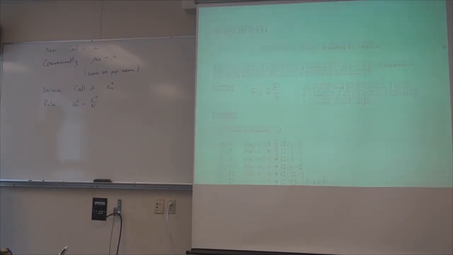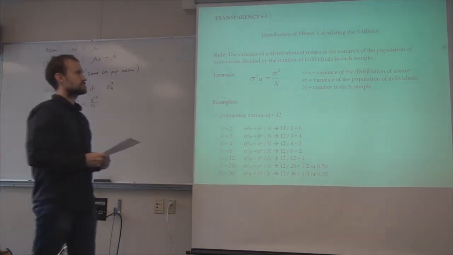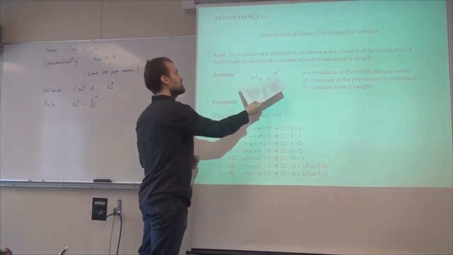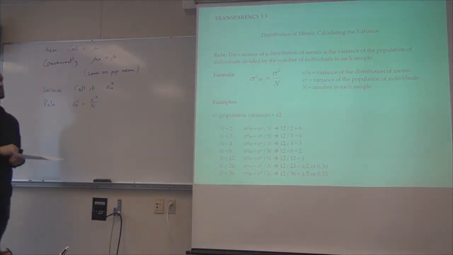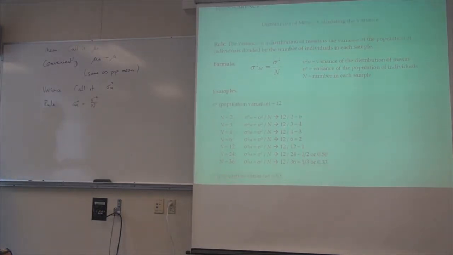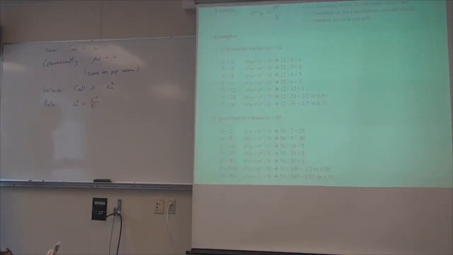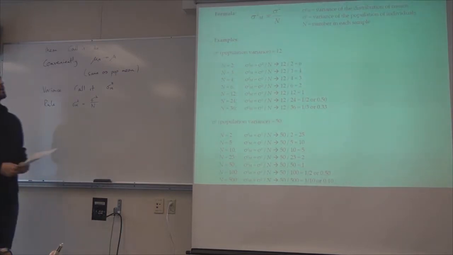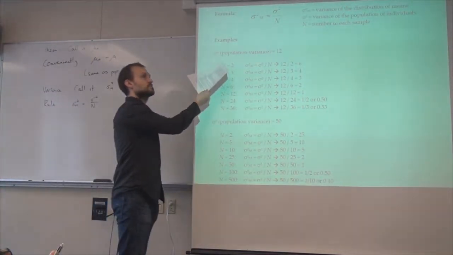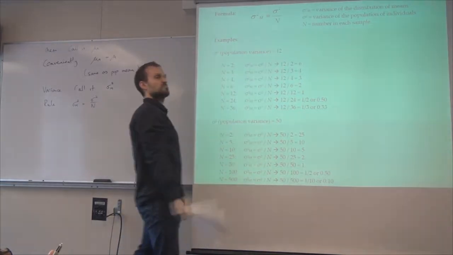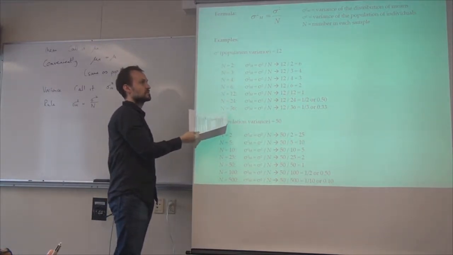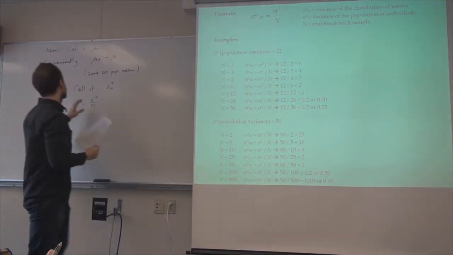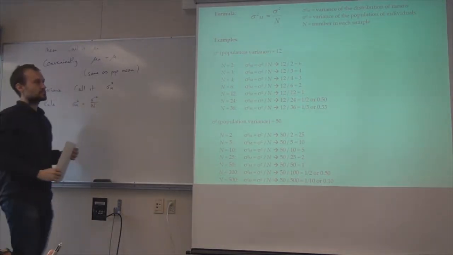So 5.3. If I have to calculate the variance, I take the population variance and divide it by the sample size, the number in each sample. For example, let me leave the formula up there. If my population variance is, let's say, 12, just picking nice numbers, then depending on the sample size, the variance for the distribution of means will be different.